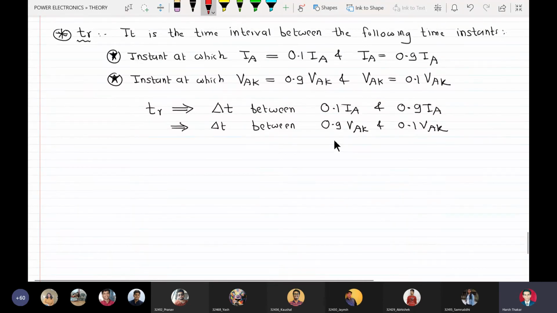This is nothing but the device going from forward blocking state to forward conduction state.